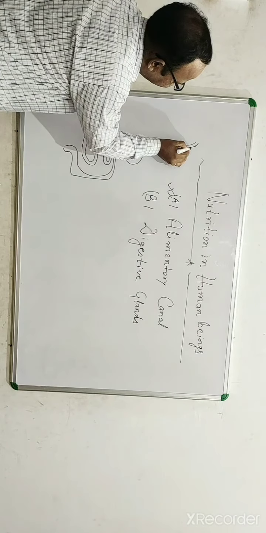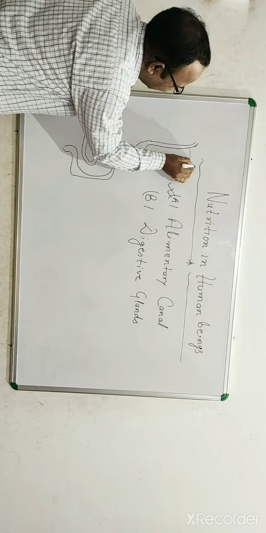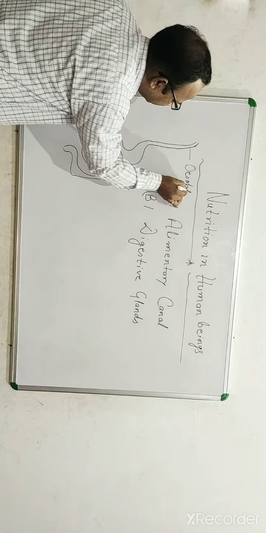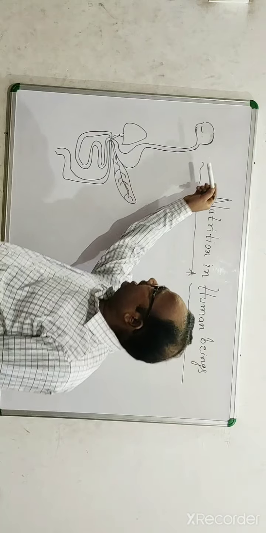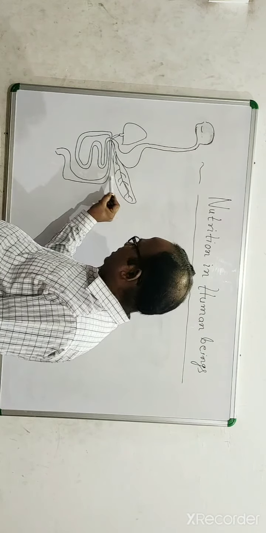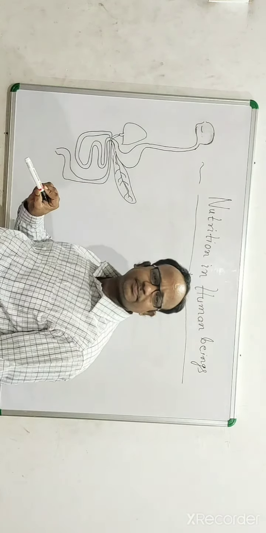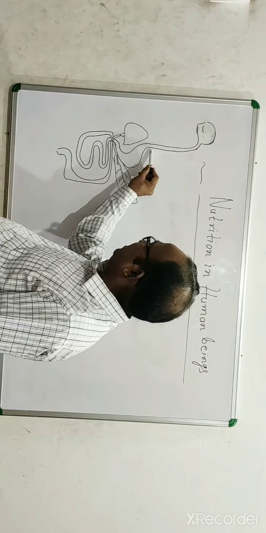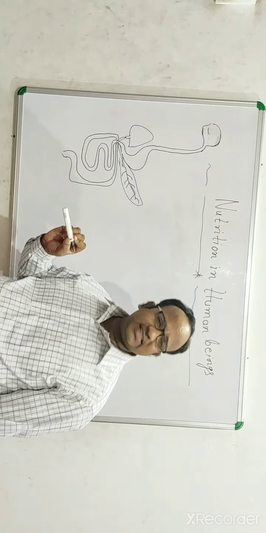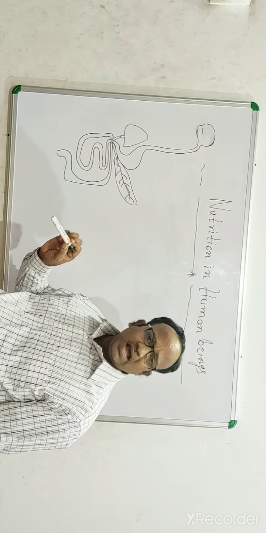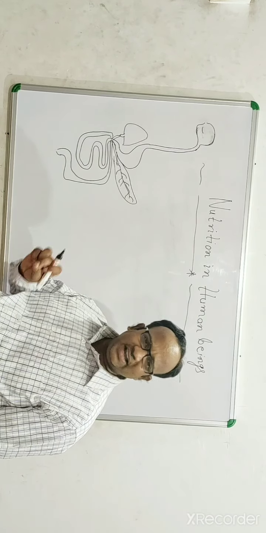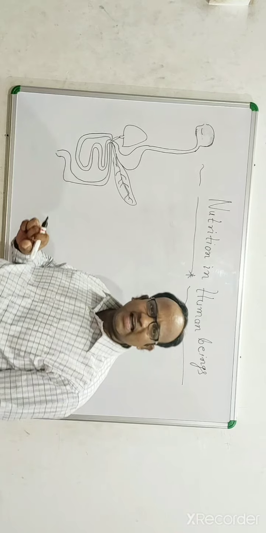The first part is called the esophagus. The alimentary canal extends from mouth to anus. It comprises various digestive organs, and I am going to enlighten you about each and every organ of this alimentary canal.